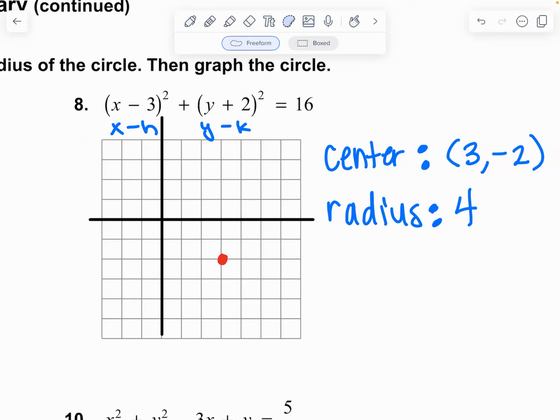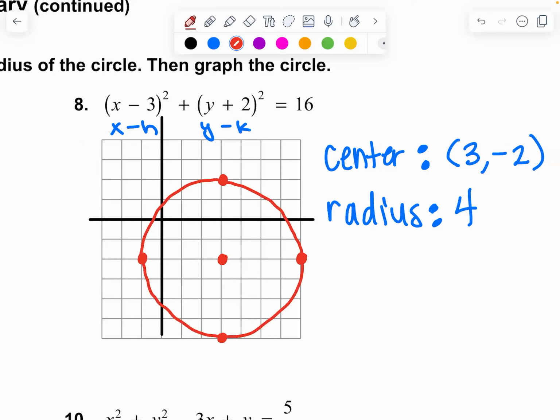How can I use my radius to help me? I like it. Let's go up 4 from the center, right 4 from the center, down 4 and left 4 from the center. And then we can make a circle.